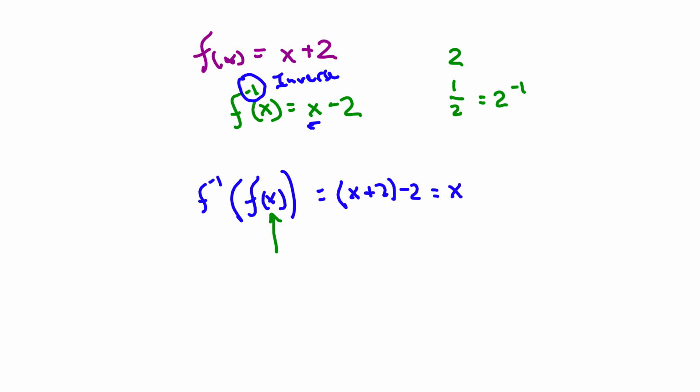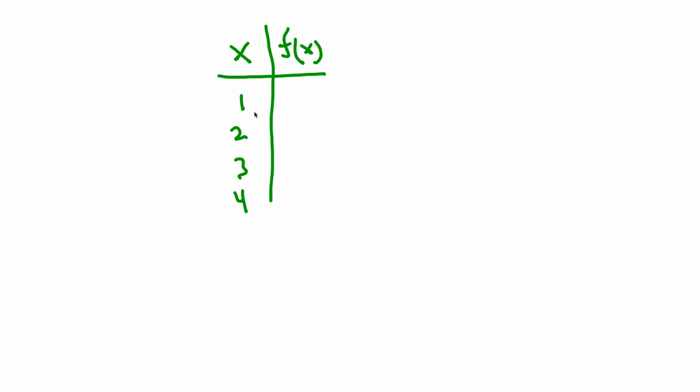Let's take a look at a couple more things. So when you're looking at an inverse, if you're looking at x and then f of x, let's say x is 1, 2, 3, 4, and let's say that f of x is 4, 5, 6, 7, right?